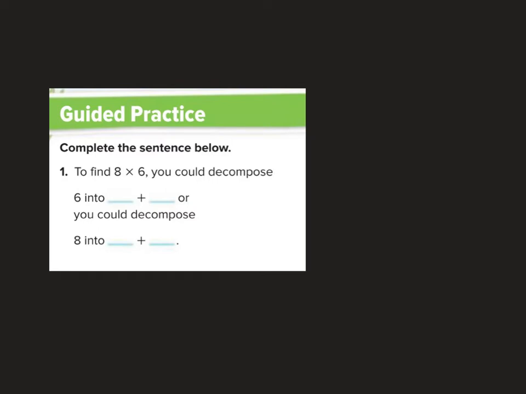Complete the sentence below. To find 6 times 8, 8 times 6, you can decompose 6 into 3 plus 3. Or you could decompose 8 into 4 plus 4. Let's solve that both ways. In this case, I'm starting with 8 times 6. I'm going to break 6 into 3 plus 3.